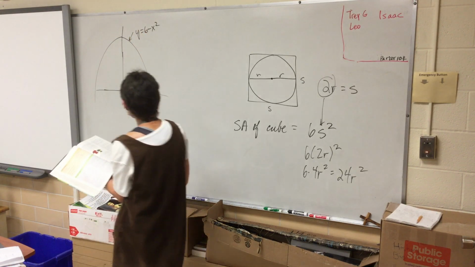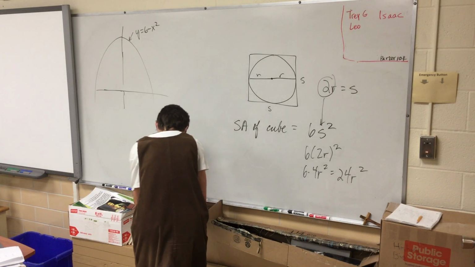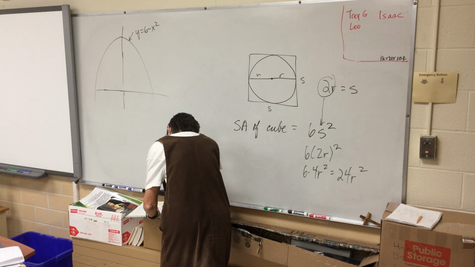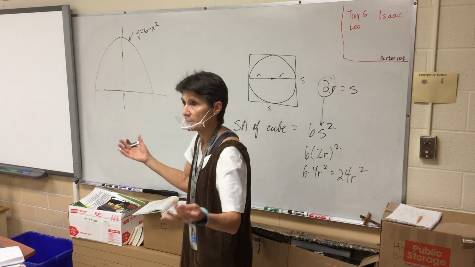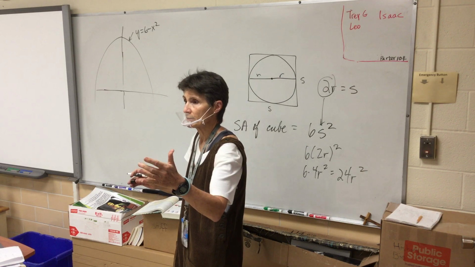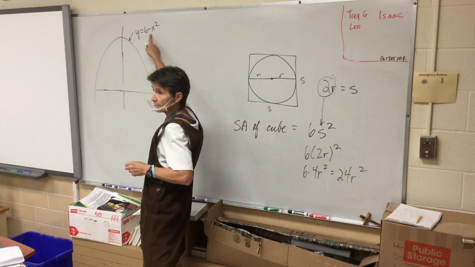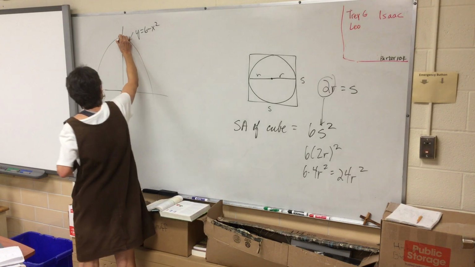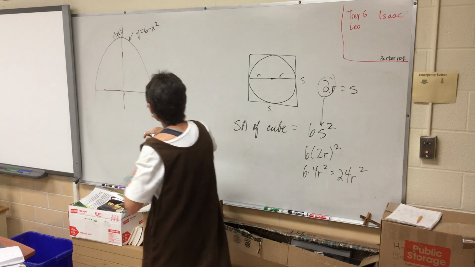How did I know 6 minus x squared looked like that? Can someone tell me? Yeah, I use the BFF. What's x squared? Parabola. Negative is going to turn it upside down. Plus 6 is going to move it up. This is the point 0, 6 up here, right? So there's the parabola.